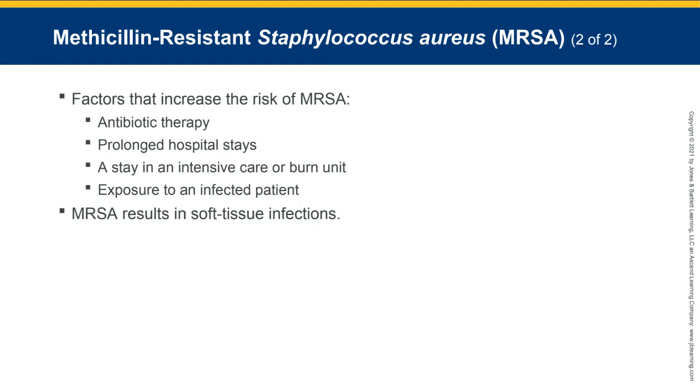Now, factors that increase the risk of MRSA: antibiotic therapy, prolonged hospital stays, a stay in an intensive care or burn unit, exposure to an infected patient. MRSA results in soft tissue infections. So that's MRSA.